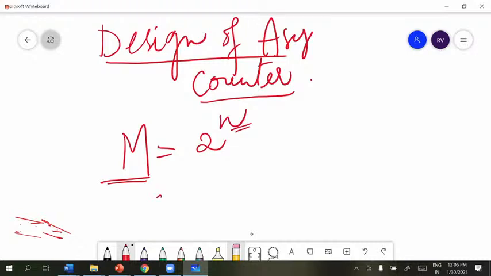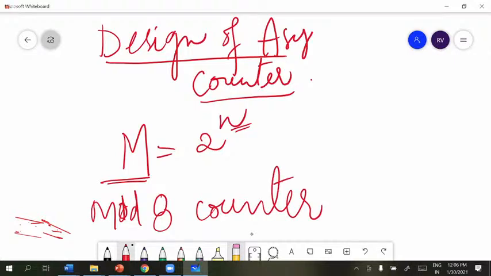Suppose I ask you to design a mod 8 counter. How many flip-flops are required? Three. Like that. So 8 I put here, and this is 2 to the power of 3.